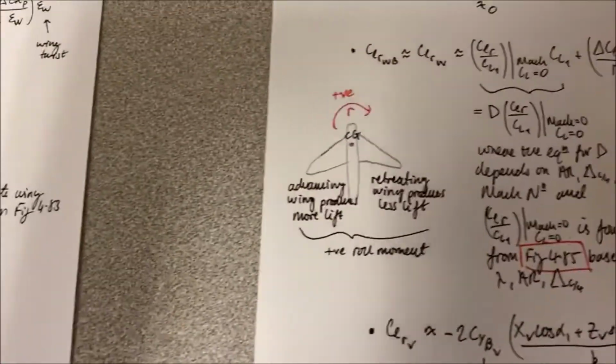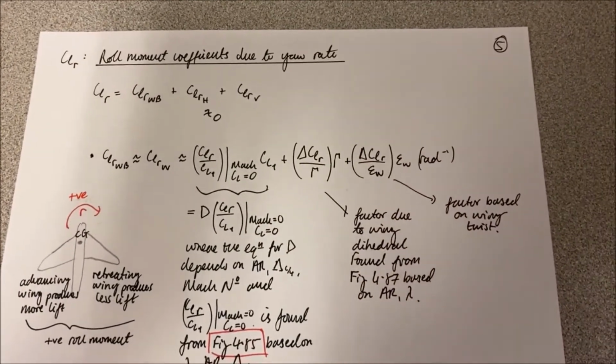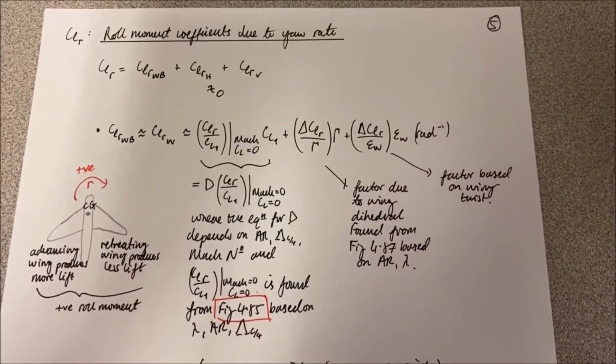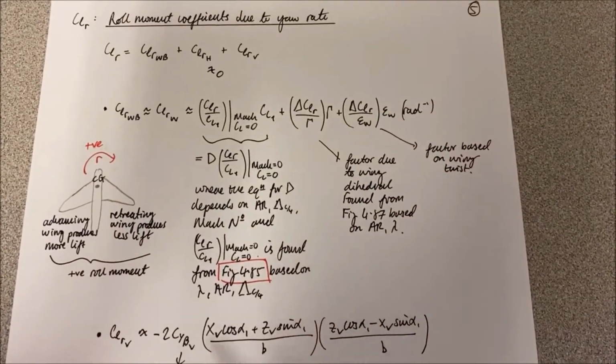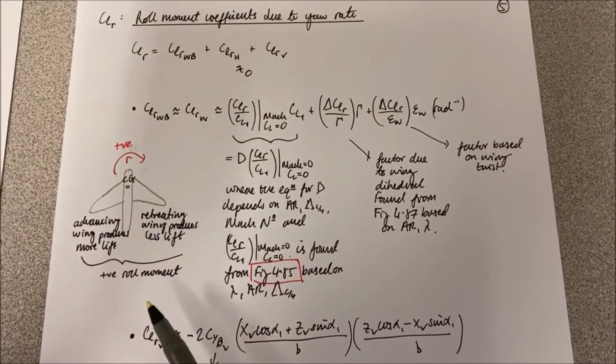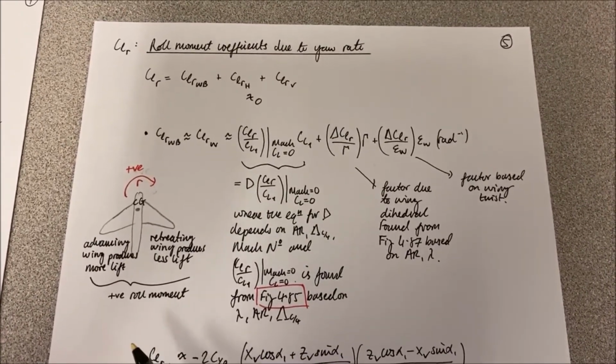Okay, we're nearly there then. The second to last one is the roll moment coefficient due to yaw rate. Now again, this is a particularly important one. Essentially what we're describing here is adverse roll.